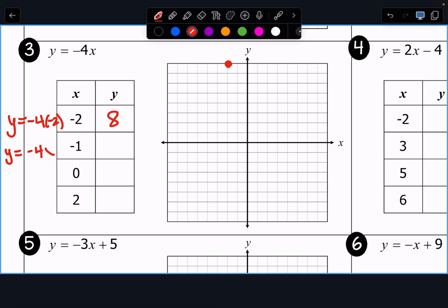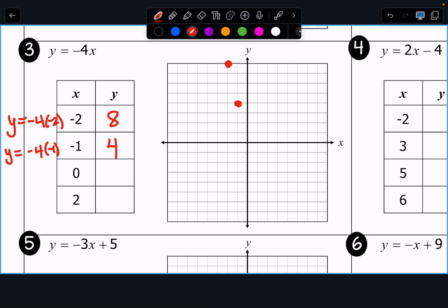We have negative 4x. Instead of x, though, we're going to put in a negative 1. So what's negative 4 times negative 1? 4. Not everybody all at once. So we have left 1 and up 4. Okay. What happens when we plug in 0?